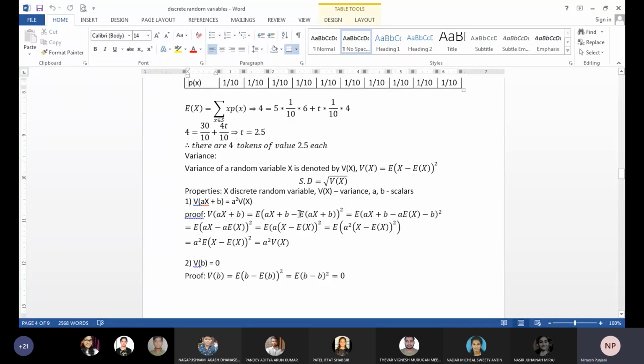Variance of x is given by expected value of x minus E(x), the whole square. Standard deviation is nothing but the positive square root of the variance.